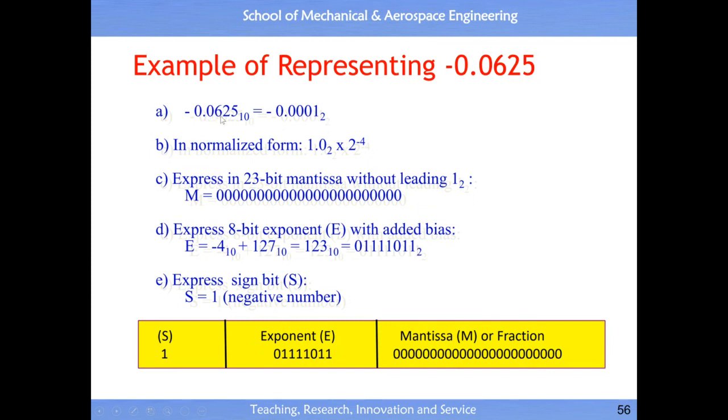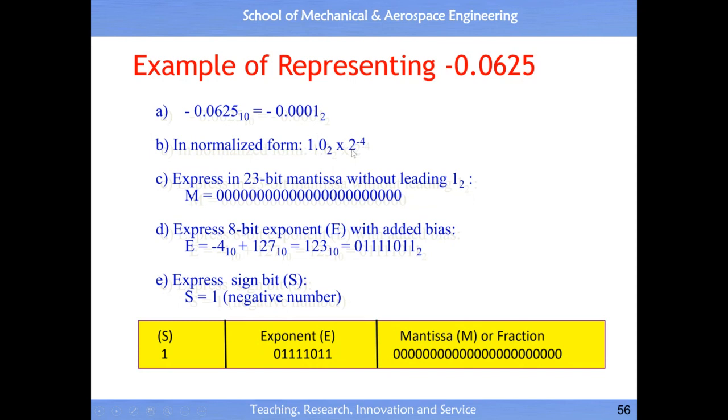This is 0.0625 in decimal number. Now we write it into the standard form, that means fraction times exponent. The fraction is 1 point something.